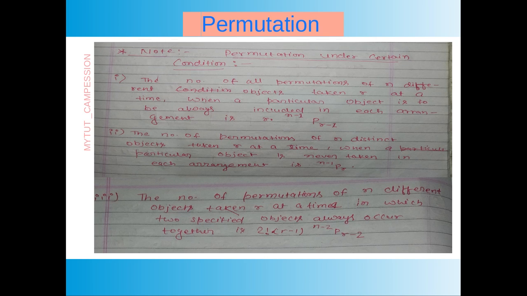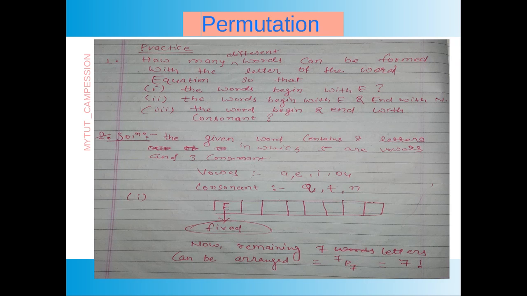Here n equals 8 and we select all letters, but E is always at the first place. So you can apply n minus 1 equal to 7 and r minus 1 equal to 7. 7P7 equals 7 factorial. E is fixed at first and 7P7 equals 7 factorial. Okay.